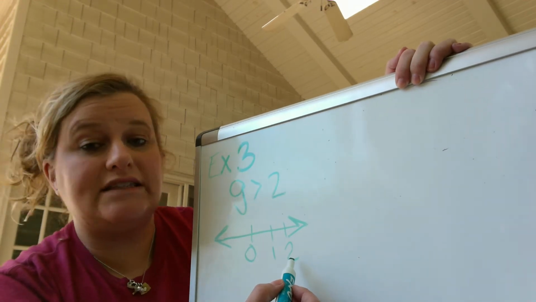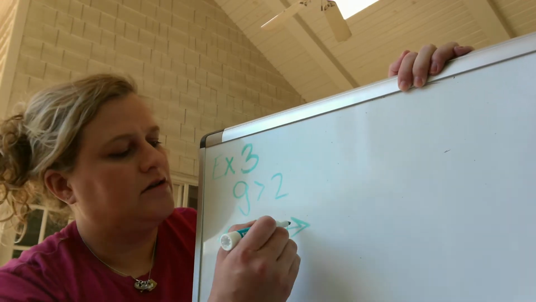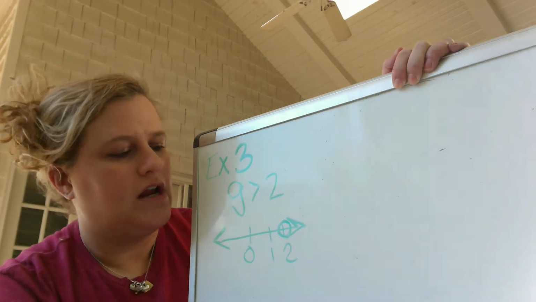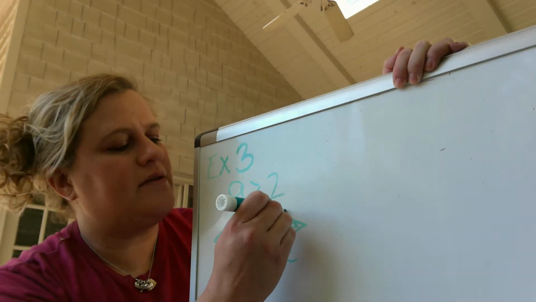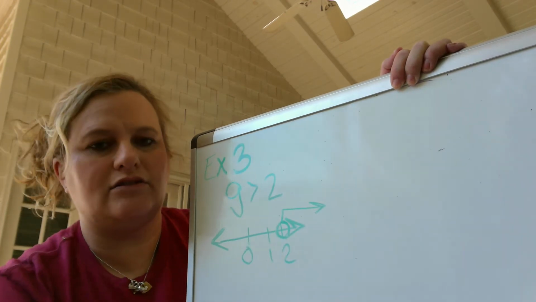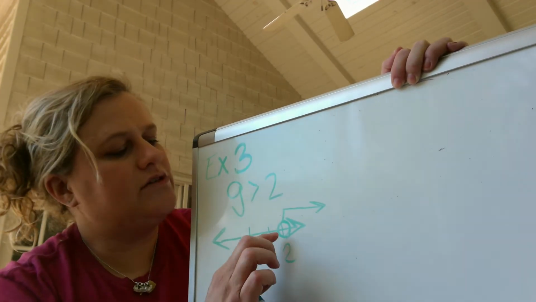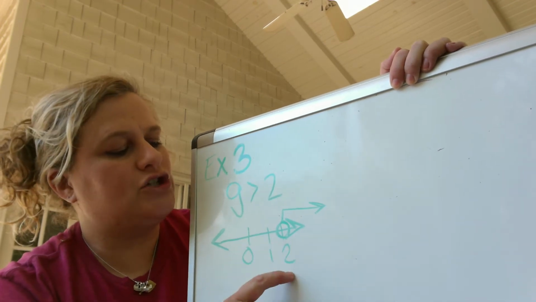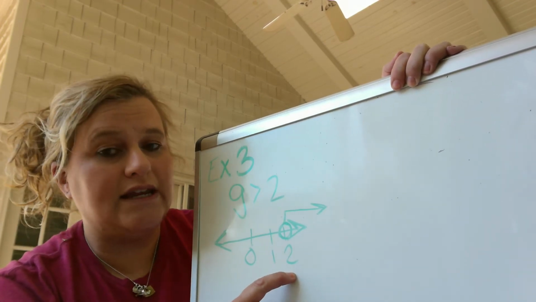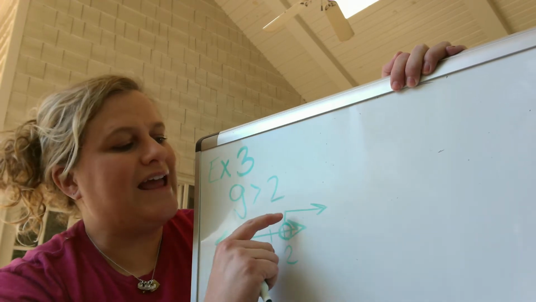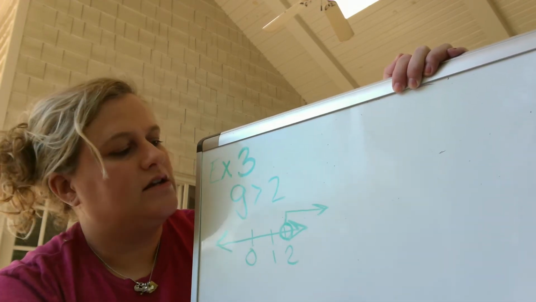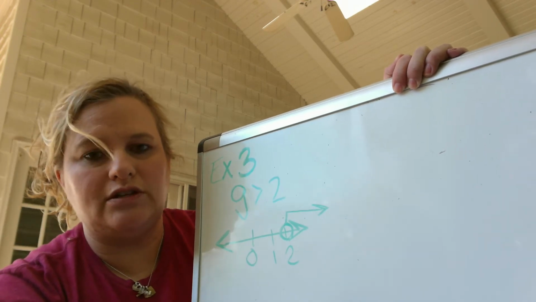Because 2 itself is not a solution, you're going to use an open circle. But everything bigger than 2 is a solution. So you're literally going to go up and over to the right to show that 2 is our starting point. It's not a solution, but any number greater than that, any number to the right on the number line is a possible solution. That's it.